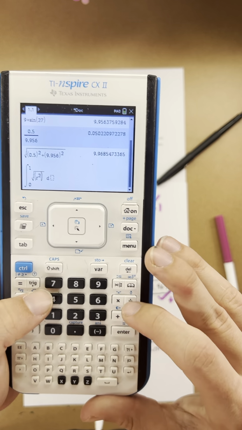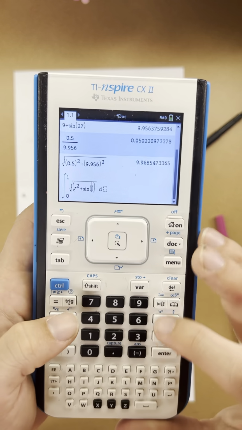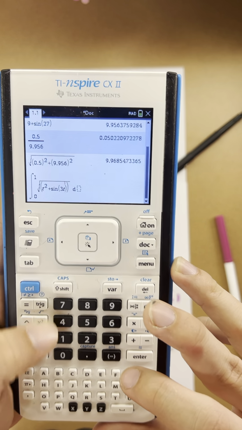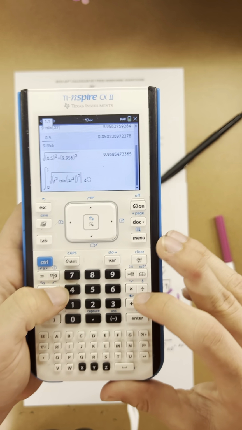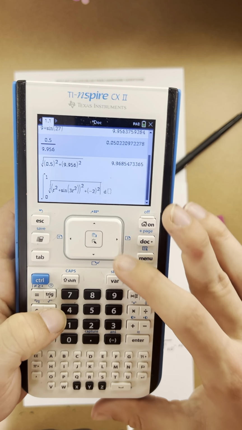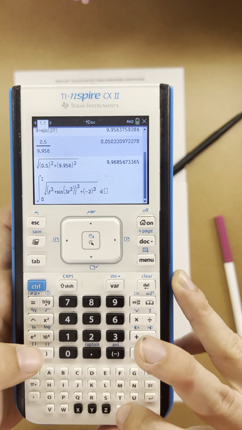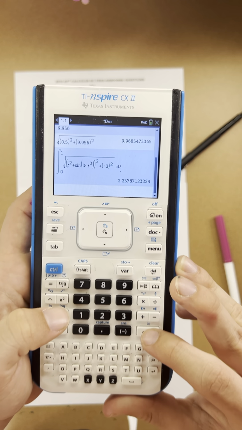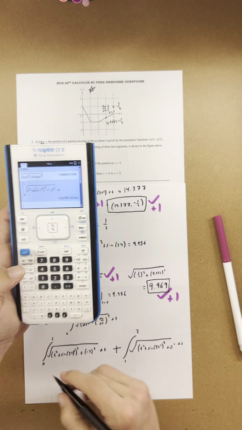Make sure you're doing your calculator stuff right. All in the square root plus -2 squared dt. That's going to give us 2.238.